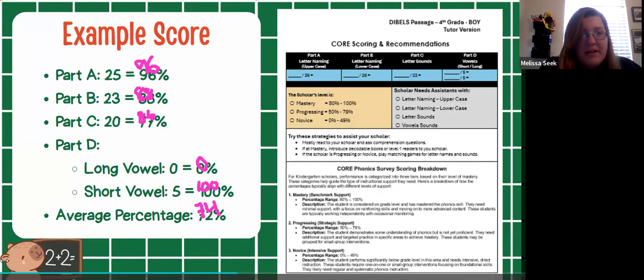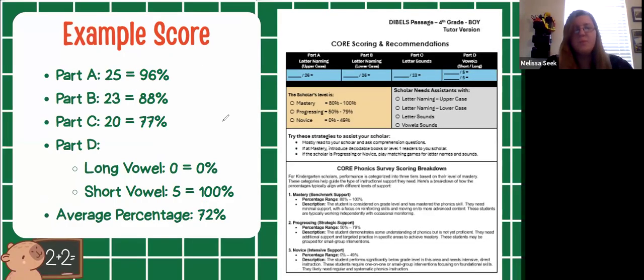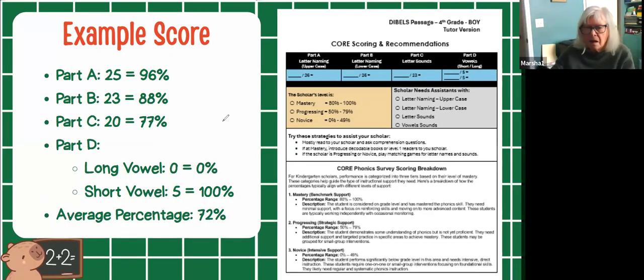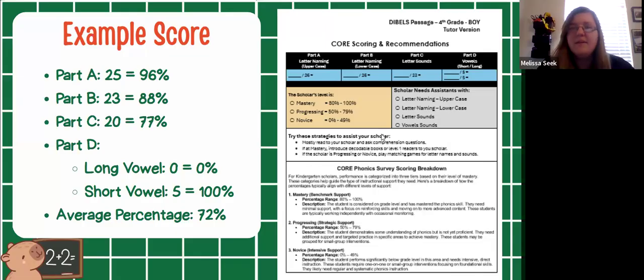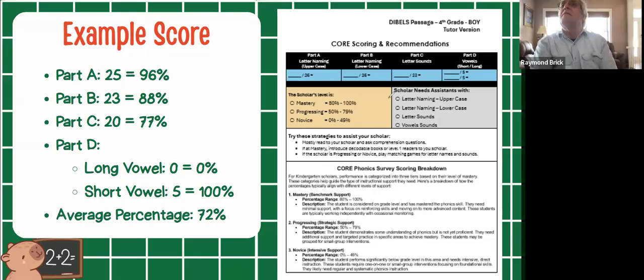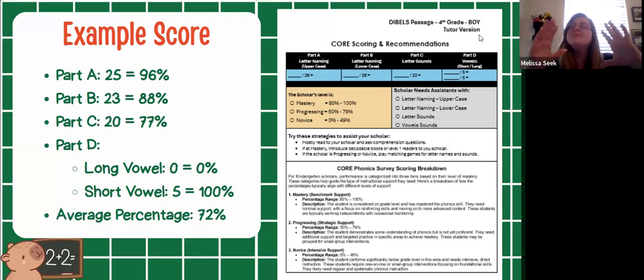Did we get it right? We're pretty close. I think part C is out of 23, so that may have been the hiccup. It's a little hard to see. Once you have it in front of you, it's a bigger font, I promise.